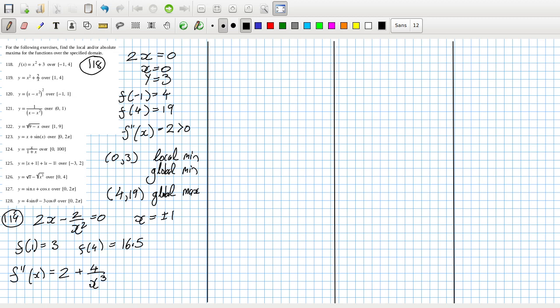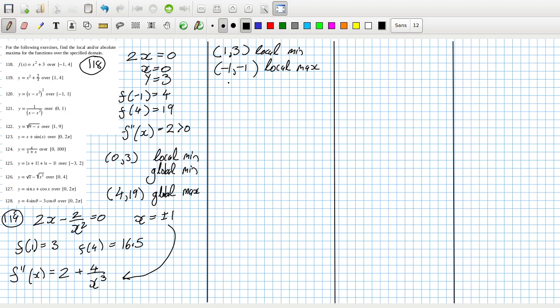Regardless, so with the plus 1, it's a minimum. So plus 1 and 3, that's a local min. Minus 1, and in the second derivative that's negative, so that makes it a local max.